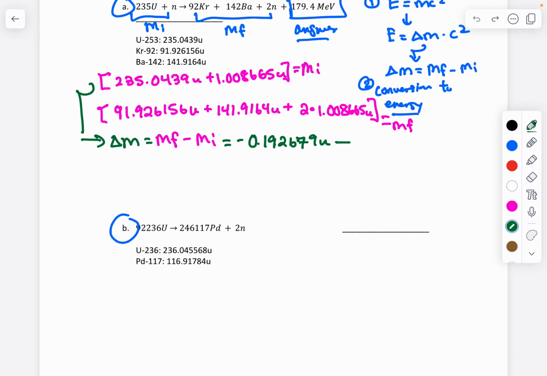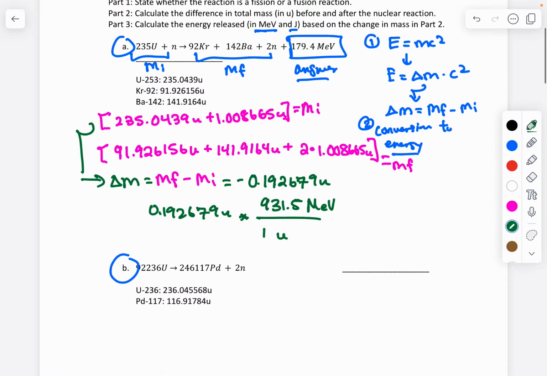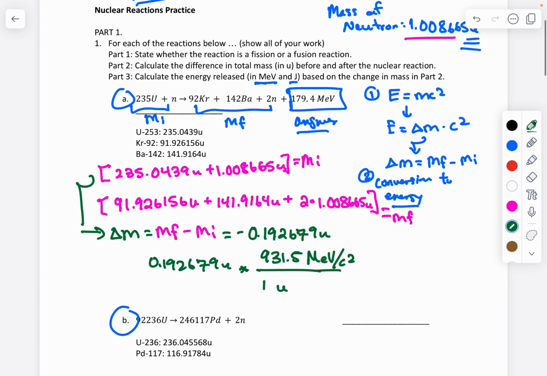So we take this number, and now we use our conversion factor. 0.192679 U times, in this case, 1 U, and 931.5 mega electron volts over c squared. You might be wondering where this number is coming from.